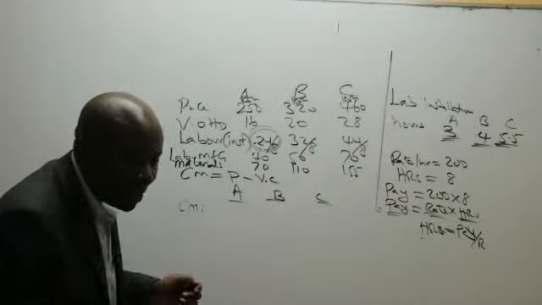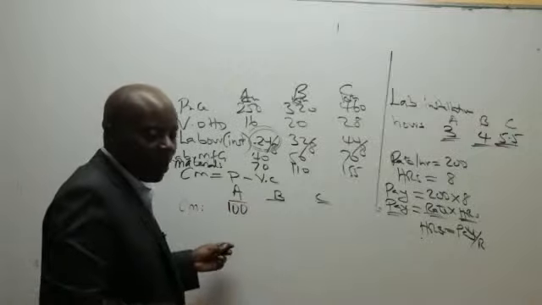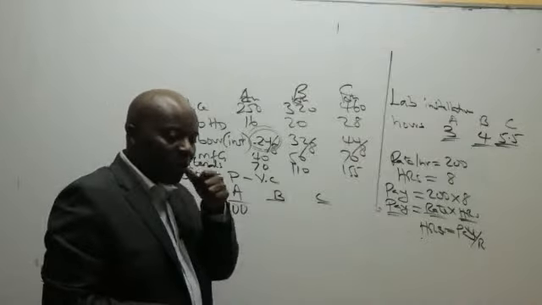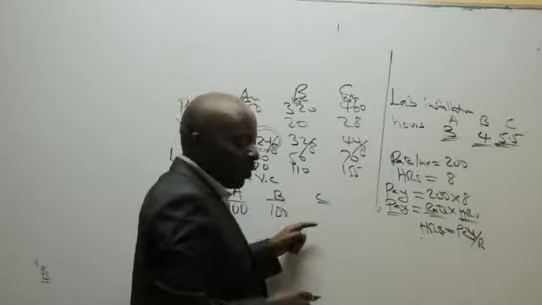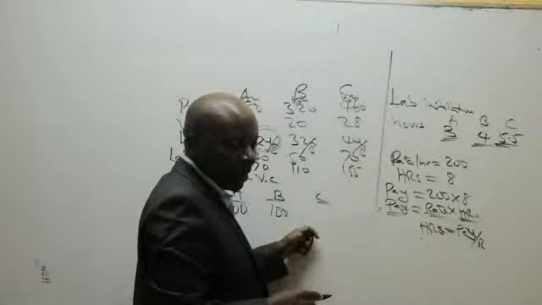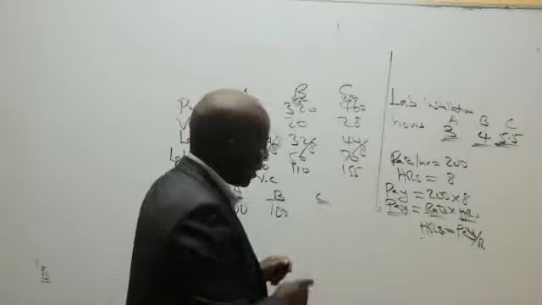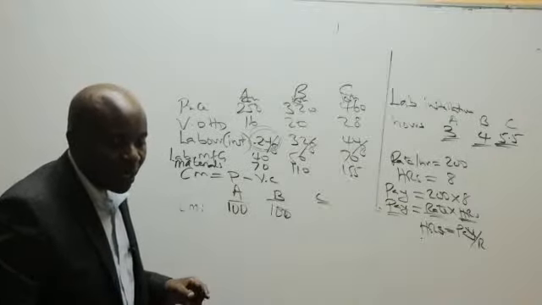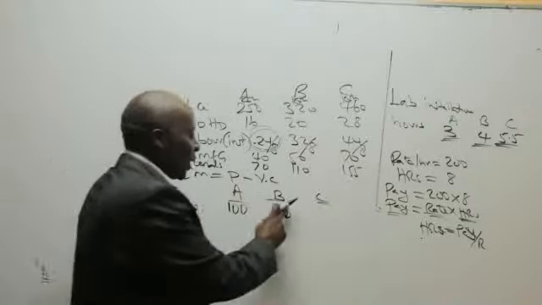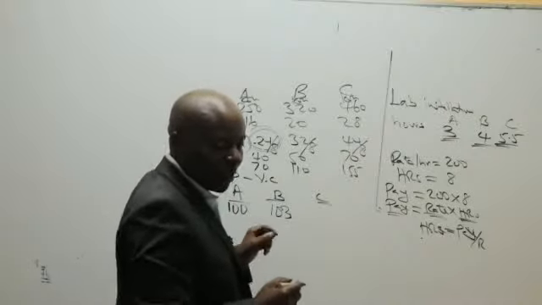For A, Damaris tells me it is 100. How about B? B, I'm told again, is 100. How about C? B, I'm told, is 103, not 100.